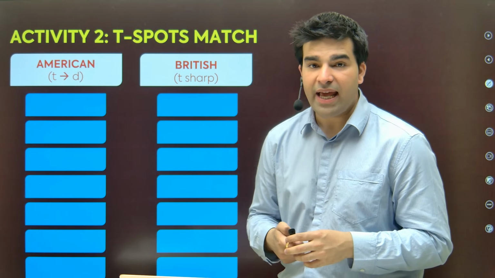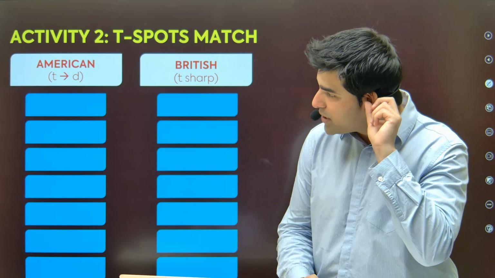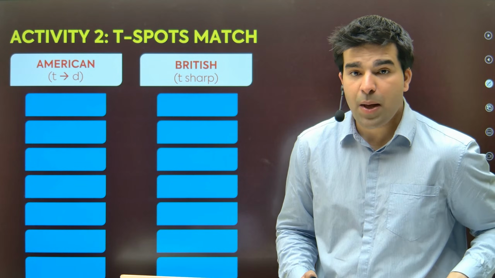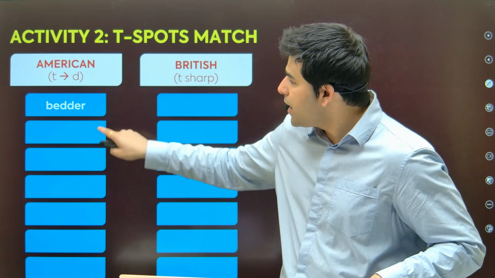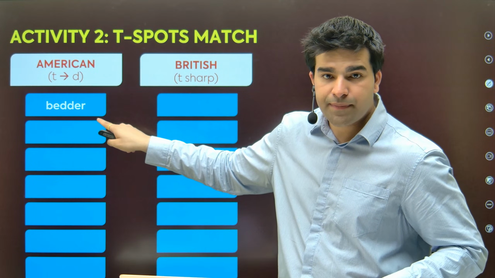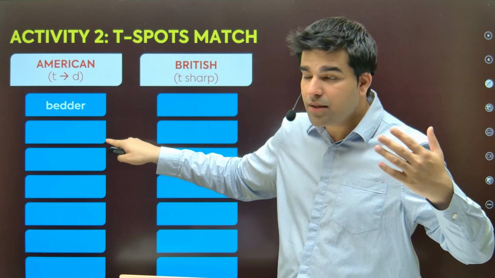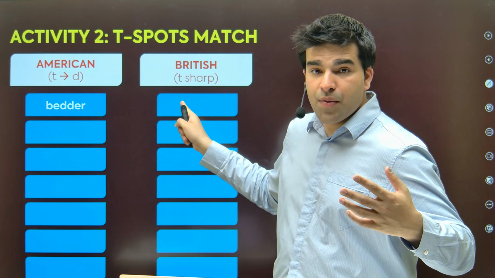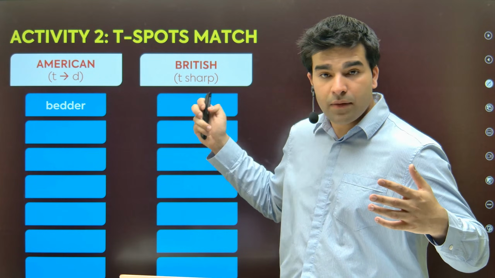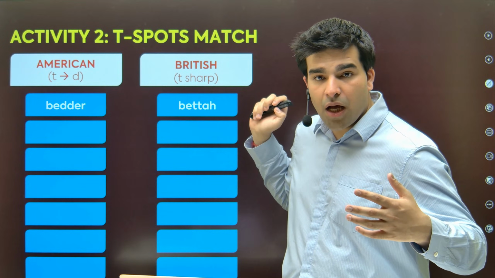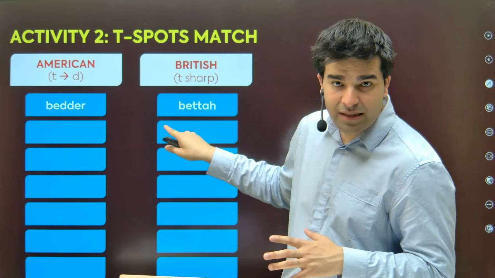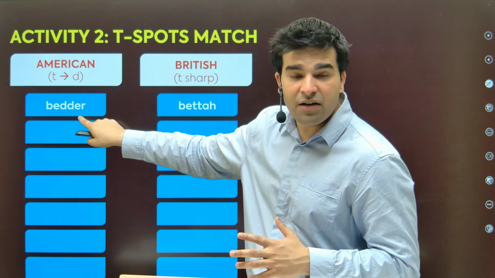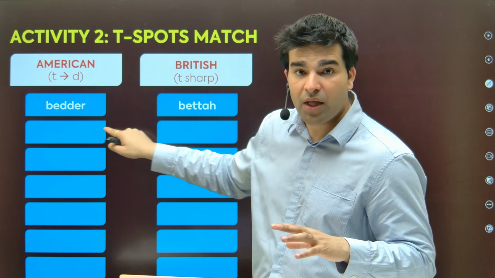The first one is the word that we looked at before. Please repeat after me. Better. Better. British version is better. So T remains T and R is at the end of the word, so R is silent.